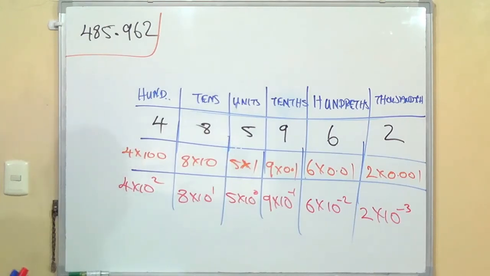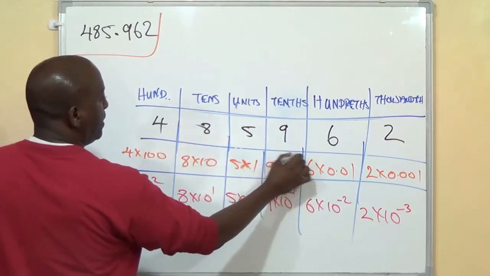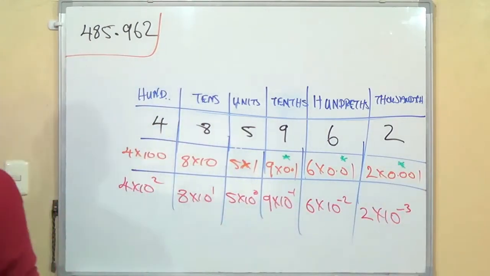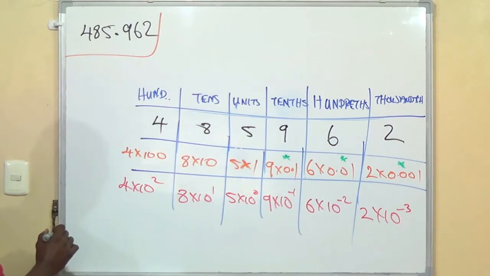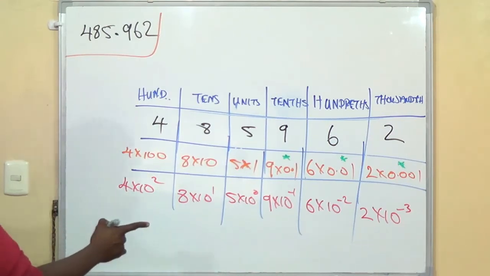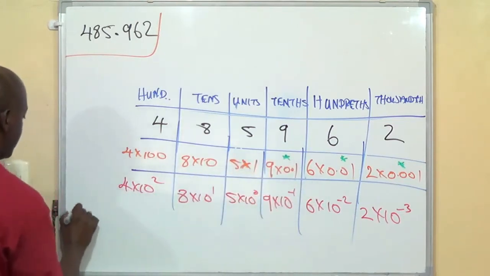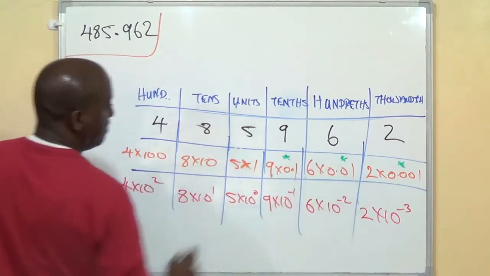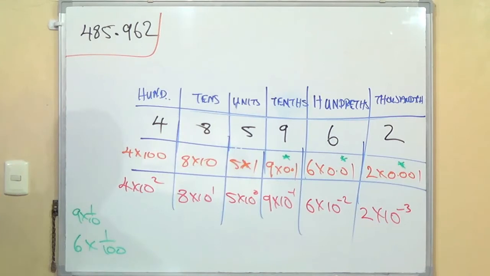Now just as a matter of interest, this 9 here, and here, and here. Let me see where I could put that. I don't think I need any more space here, so I could chuck that in the corner here. 9 by 0.1 is the same thing as 9 by 1 over 10. 6 by 0.01 is the same thing as 6 by 1 over 100.